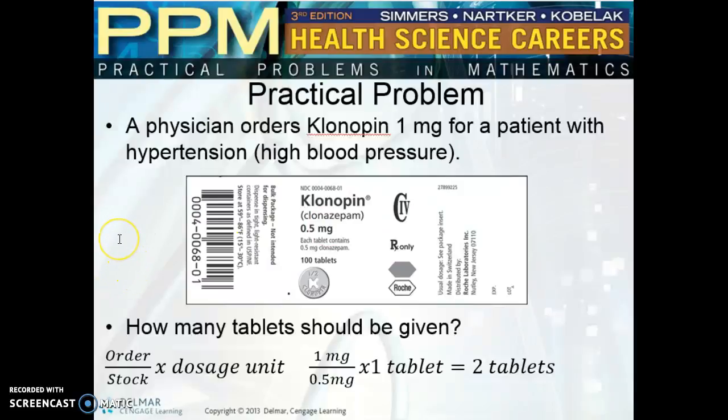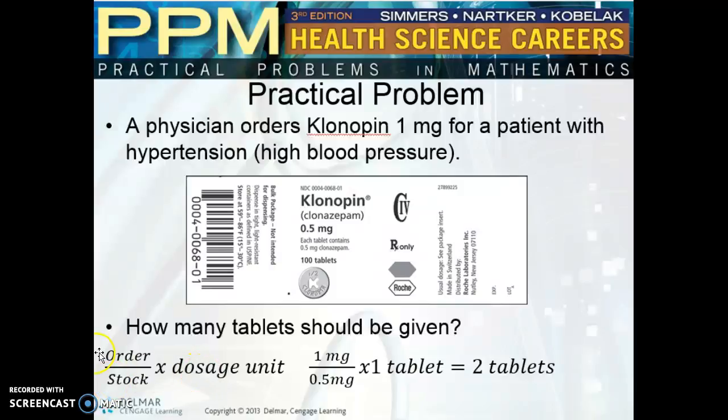Now, I said we're going to talk about the formula. The formula that they gave was worded a little bit differently. Here's how I word the formula, and it's right here in this section. I do order over stock times dosage unit. I just find that that's a little bit easier for students to remember rather than the words that the book uses. So order over stock times the dosage unit.